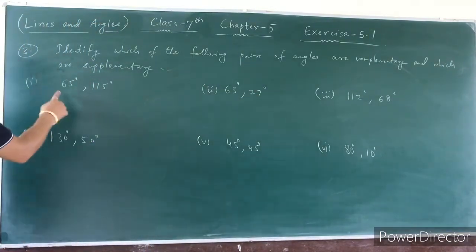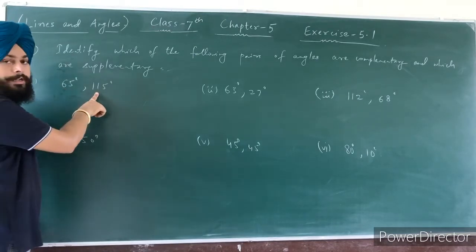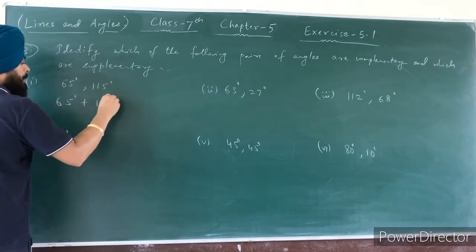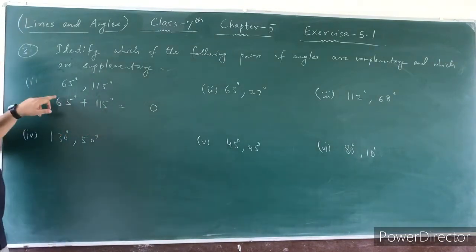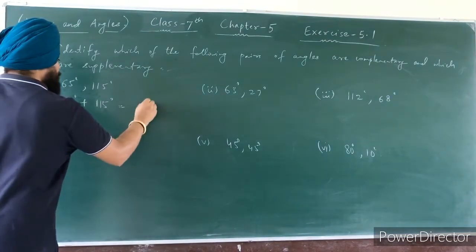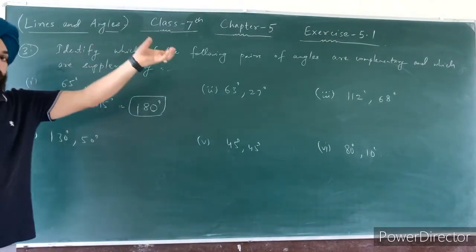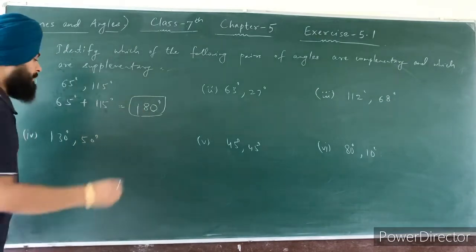So the first part is 65 degrees and the second angle is 115 degrees. So we have to add 65 degrees plus 115 degrees. How much? 5 plus 5, 10. 1 carry, 6 plus 1, 7 plus 1, 8, 180 degrees. So if the measure of two angles is 180 degrees, then it is what? It is supplementary angles.